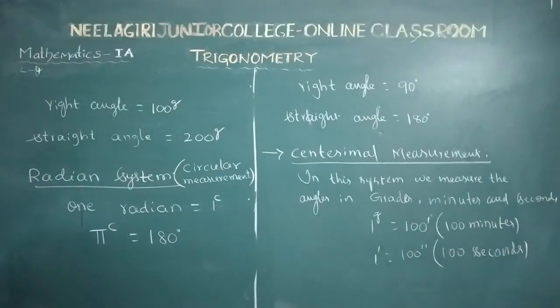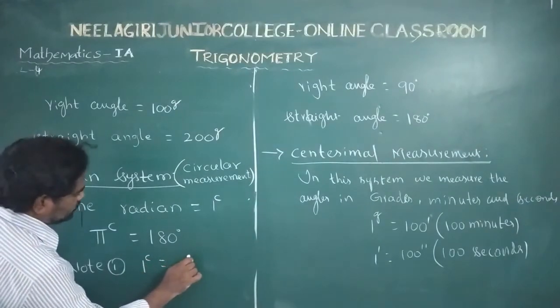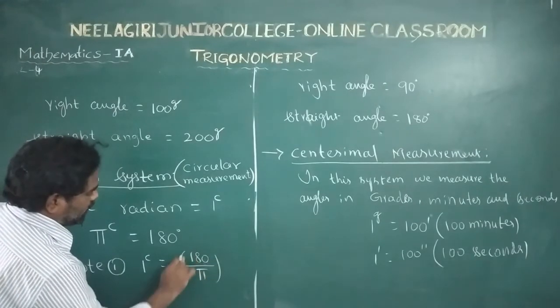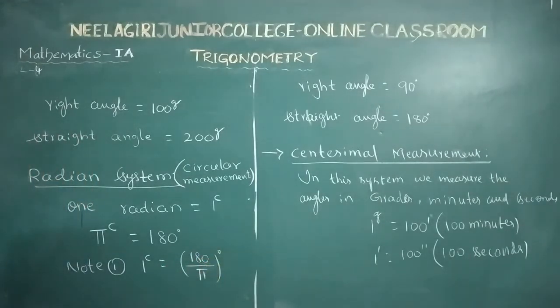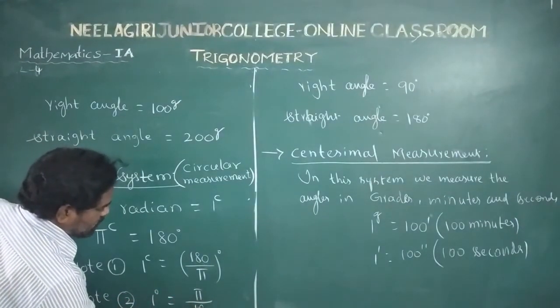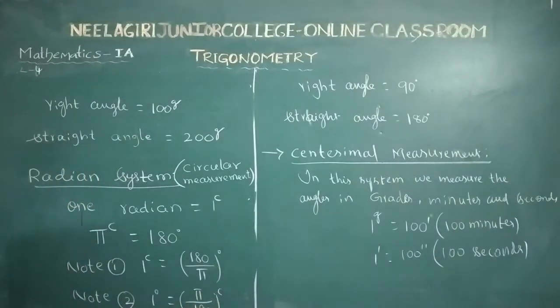Okay. Note number 1: 1 radian equals 180 by pi degrees. Note number 2: 1 degree equals pi by 180 radians.